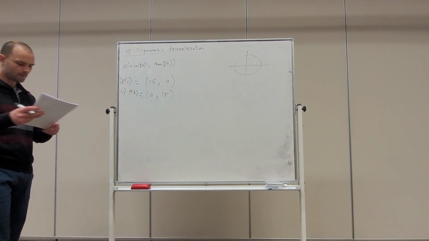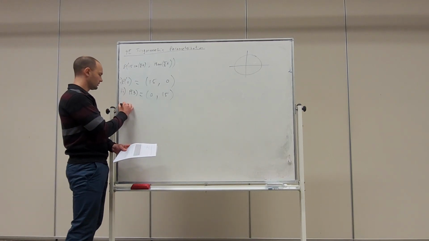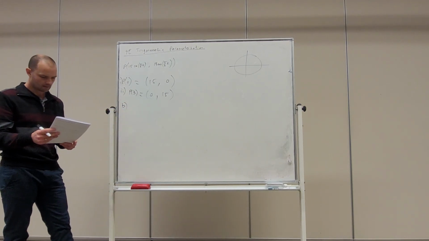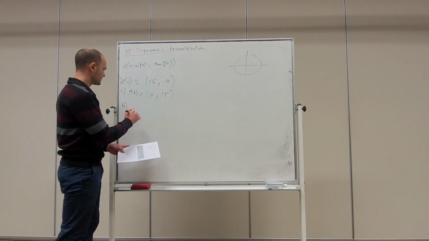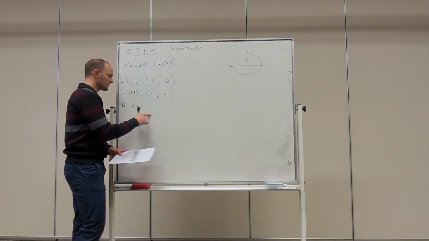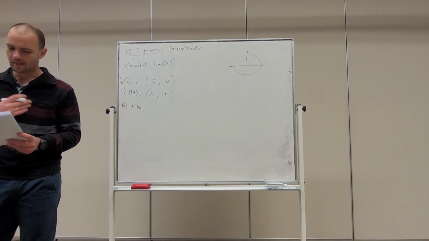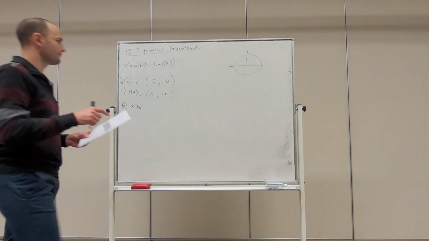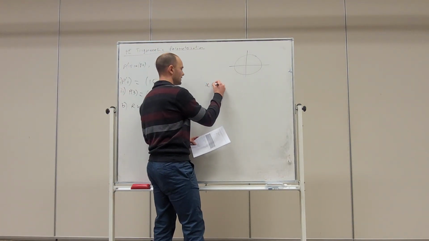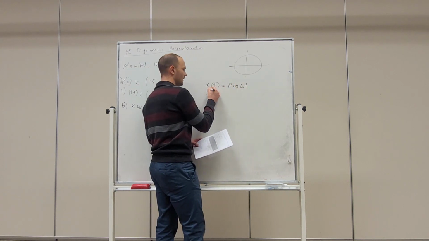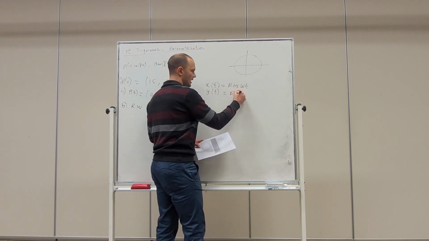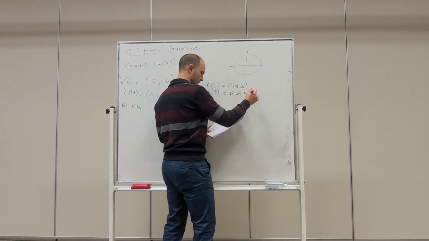Part B says determine the speed of the falcon. Okay, so the speed is the magnitude of its velocity, and we have a formula for speed. The last dot point, it is R times W. And we're going to compare that with, in the box, we have x of t described as r cos wt, and y of t described as r sine wt.